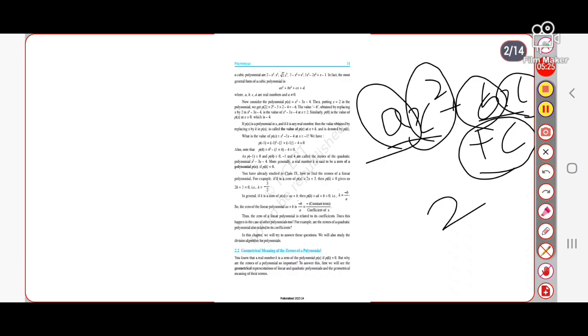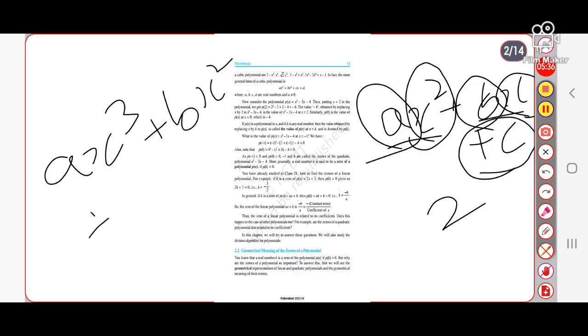For a cubic polynomial the degree changes: ax cube plus bx square plus cx plus d.